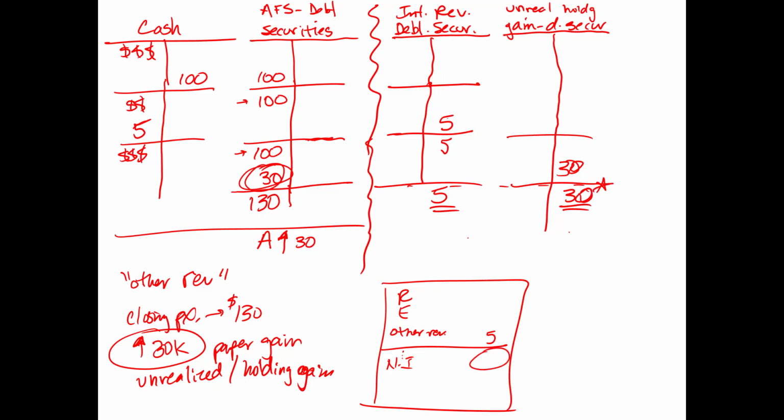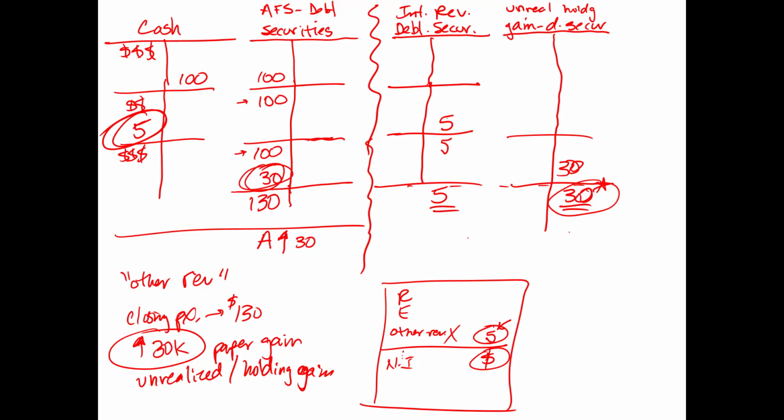Should I show this paper gain of $30,000 with this interest revenue of $5,000? The $5,000, remember, I got that in cash. So it makes sense to say, hey, put that in the income statement and make sure it affects net income. Because, hey, look, I actually got that in cash. I'm cashed out. But this $30,000 unrealized paper gain, I don't think I want to show it with these other gains or these other revenue items because, hey, I haven't cashed it out yet.